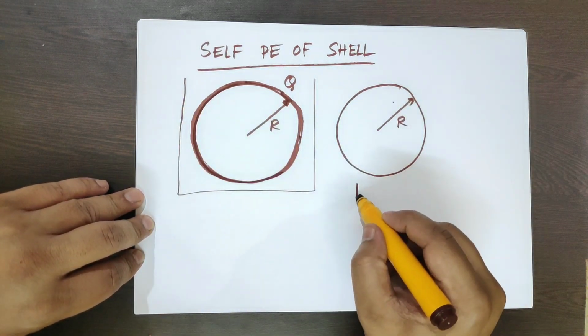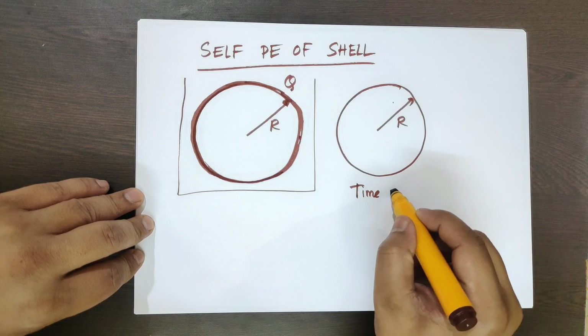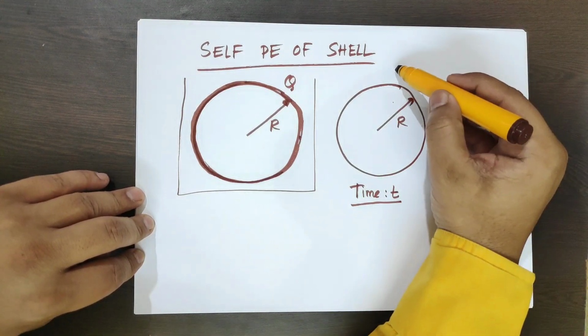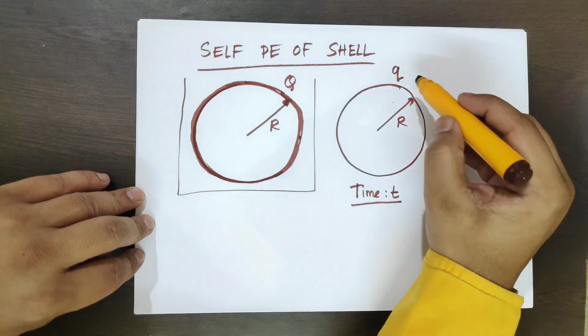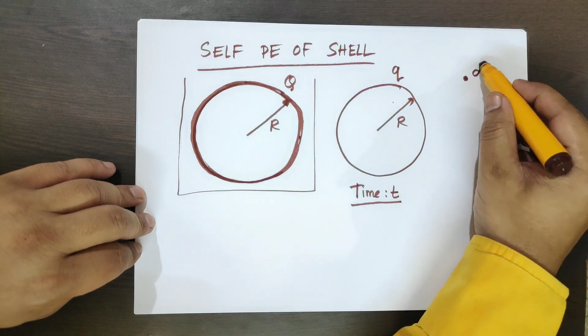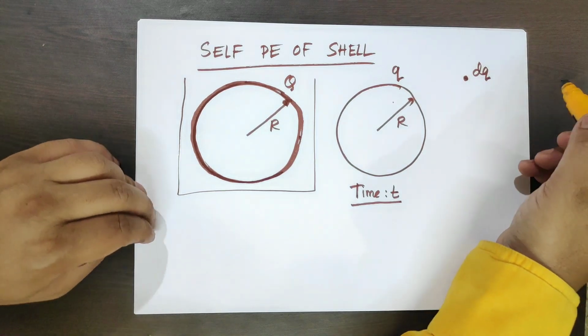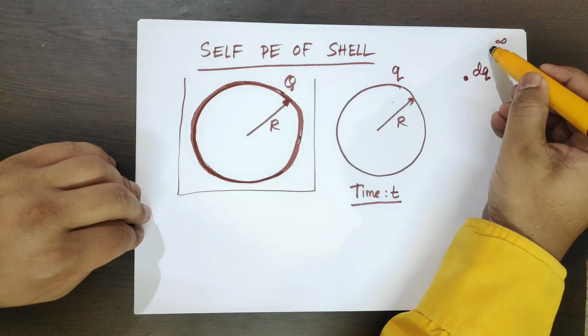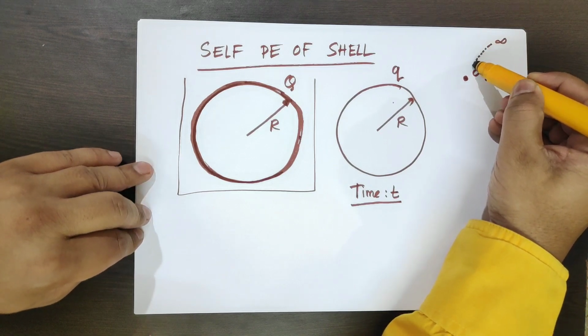So, say in a stage you have this charge q and you bring dq from infinity. So, here it is infinity, large distance away.